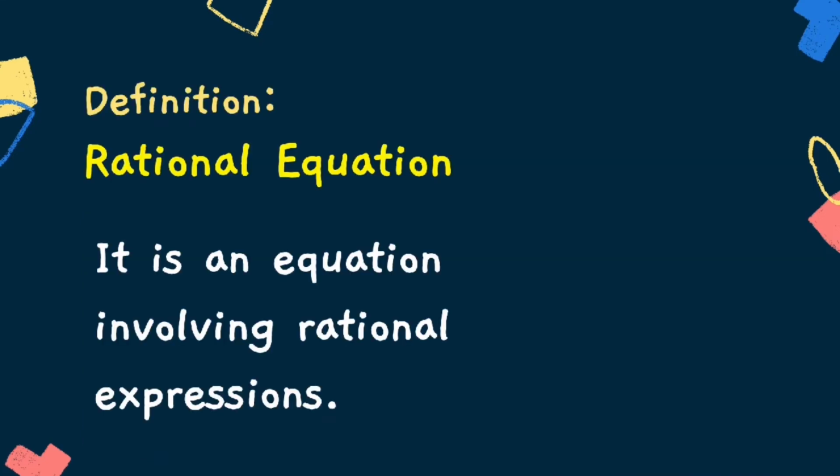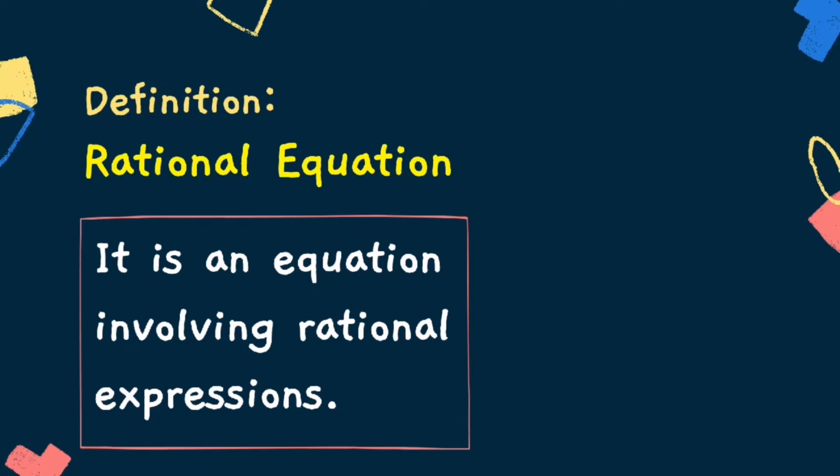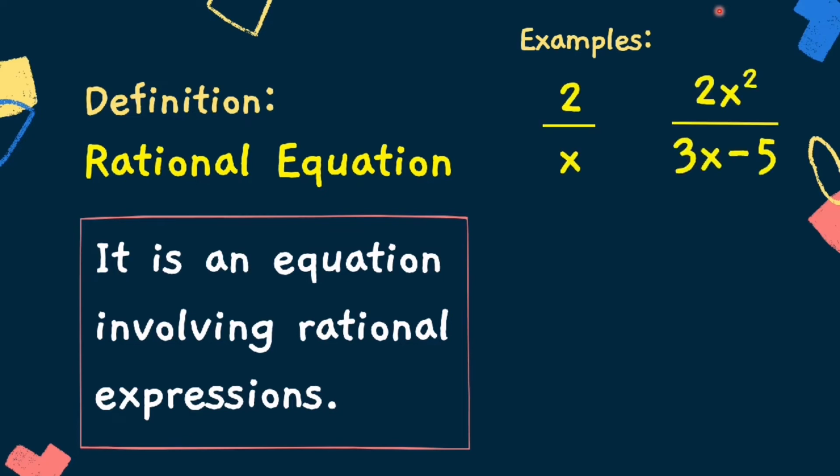So next we have a rational equation. A rational equation is an equation involving rational expressions. For example, we have 2 divided by x or 2 over x. These are rational expressions.